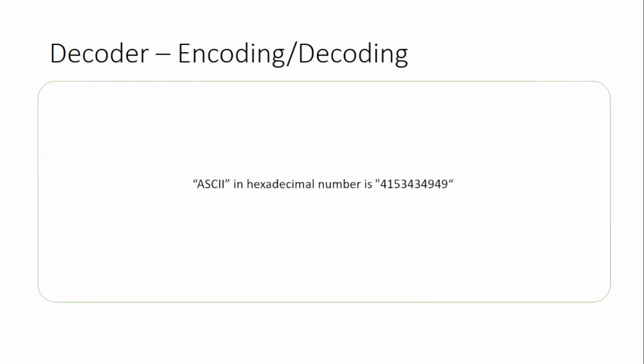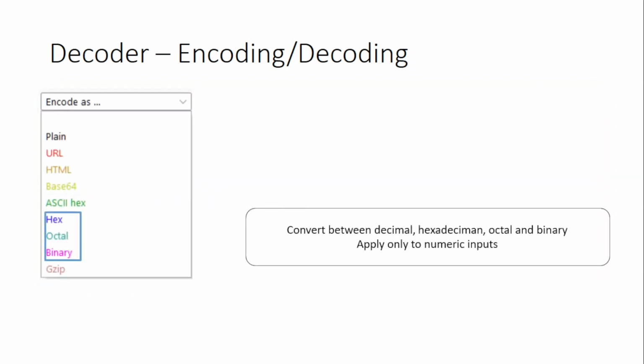For example, the word ASCII in hexadecimal is 41 for the uppercase A, 53 for the uppercase S, 43 for the uppercase C, 49 for the uppercase I. That is because the character A code in ASCII is 65 in decimal, which is 41 in hexadecimal.